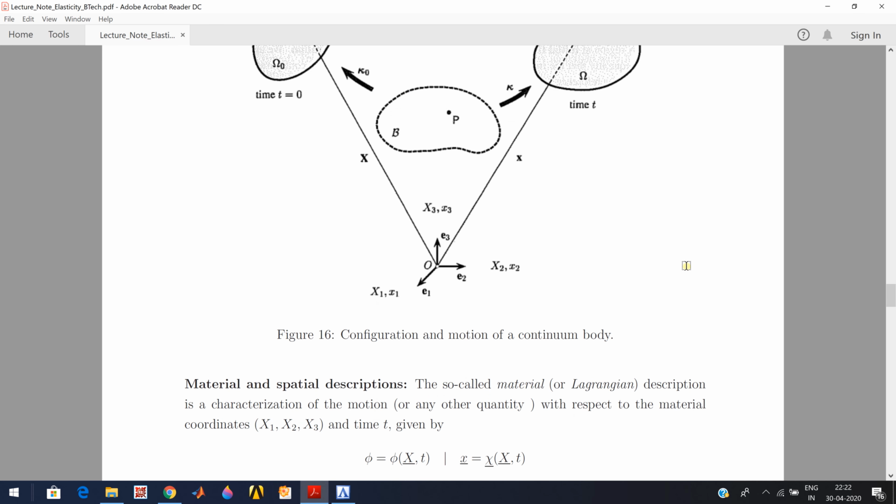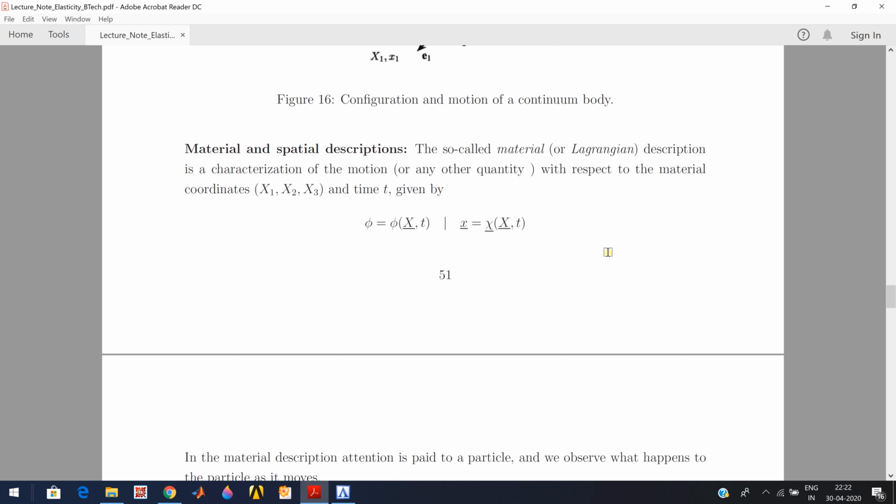So with this discussion, now let me discuss these two descriptions we have. One is called the material description, and another is the spatial description. The so-called material description has another name, the Lagrangian description. So this is a characterization of the motion or any other quantity. It can be any scalar or vector quantity, like temperature and velocity vector.